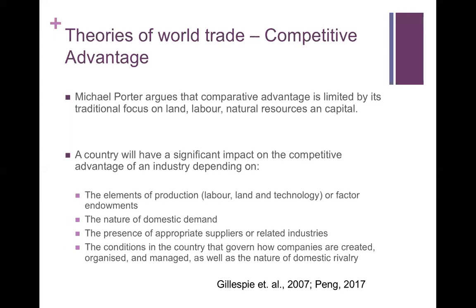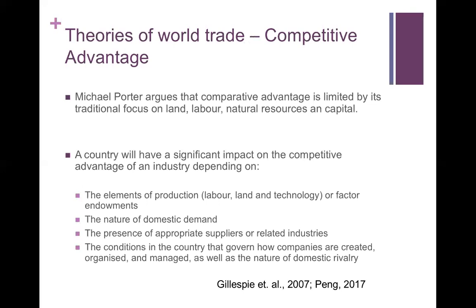We also need to look at the presence of appropriate suppliers and the nature of rivalry in the domestic market. These four variables, the factor endowments such as labor, land, and technology, the domestic demand, the suppliers, and the rivalry of the industry, help that country build the skills and capabilities to supply that product to the market.